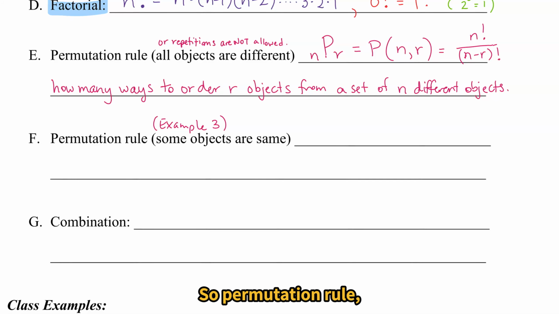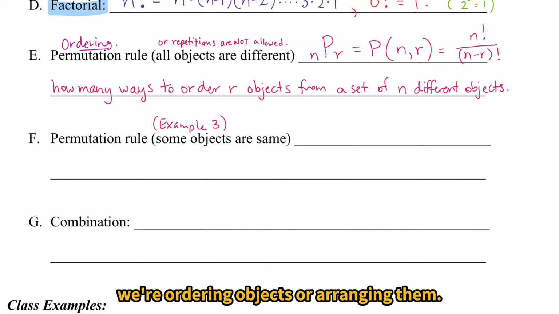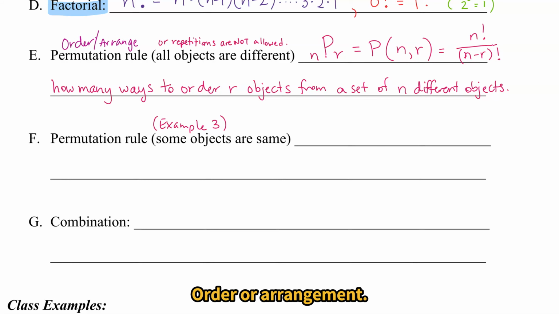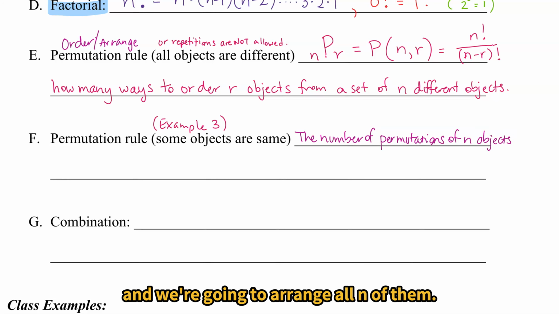So permutation rule, and I should make a note, permutation is another word for an ordering. We're ordering objects or arranging them, order or arrangement. Permutation rule for objects that are the same: the number of permutations of n objects, and we're going to arrange all n of them.